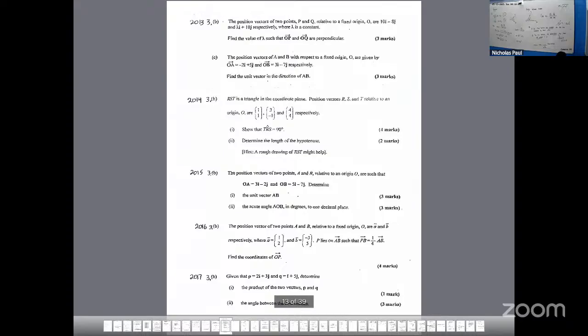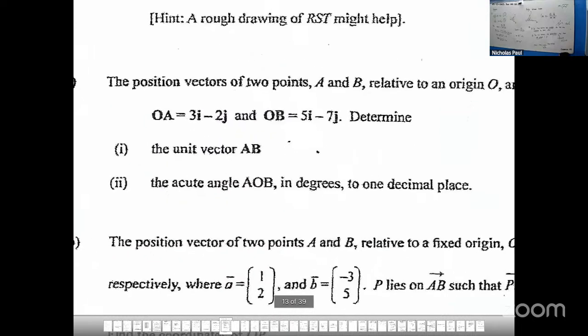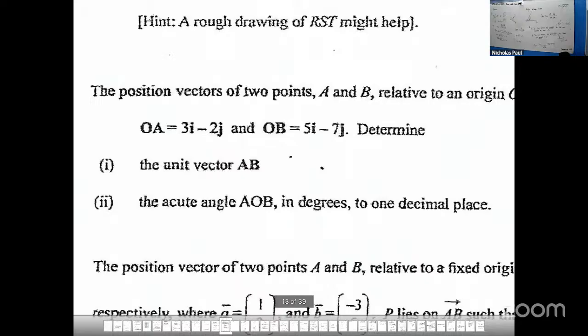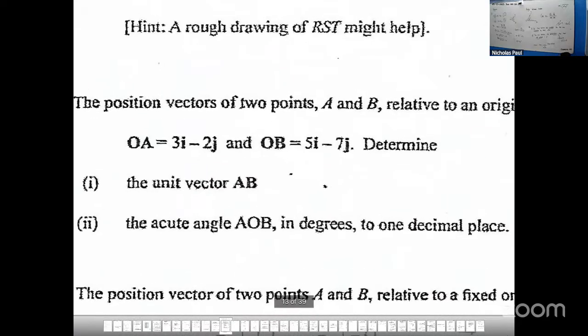Try 2015. Find the unit vector and then find the angle between it. I find the unit vector: the vector divided by its magnitude.